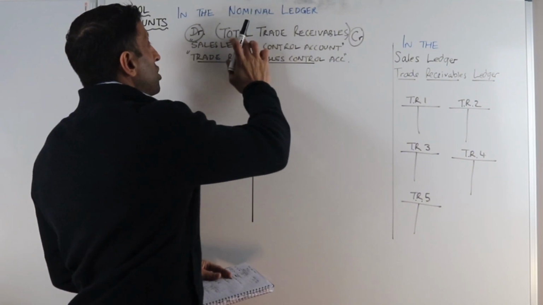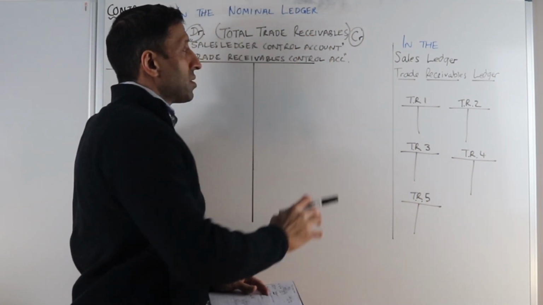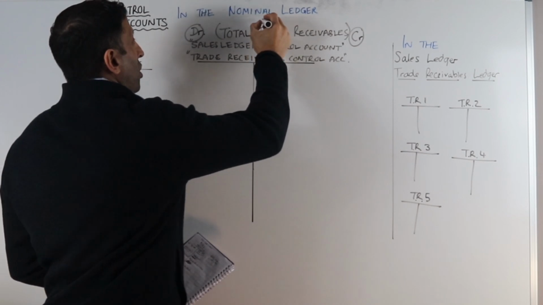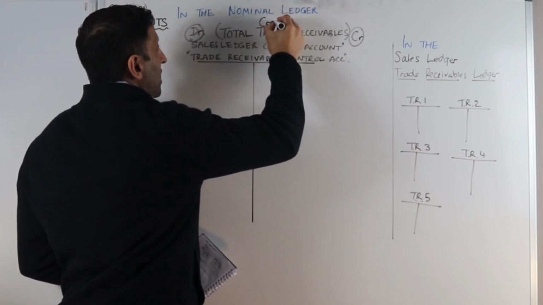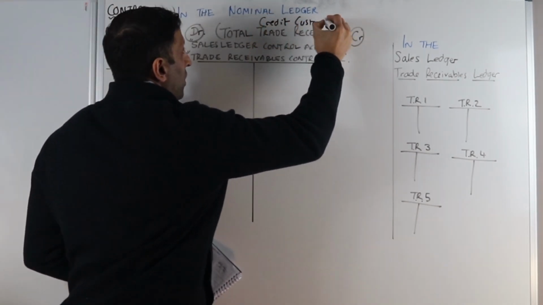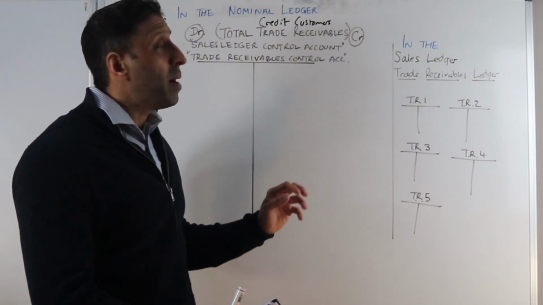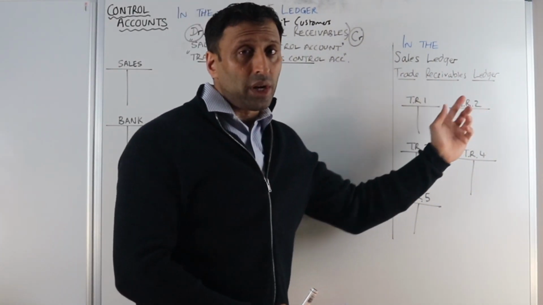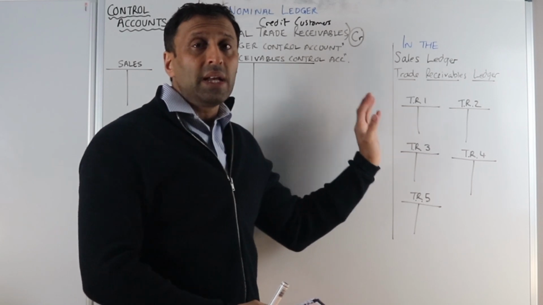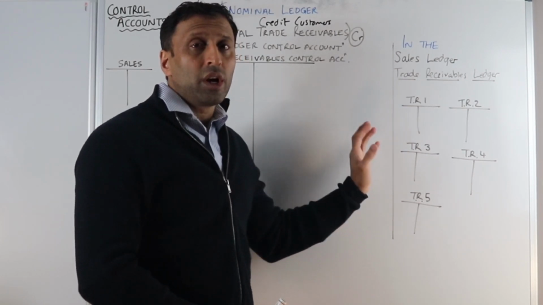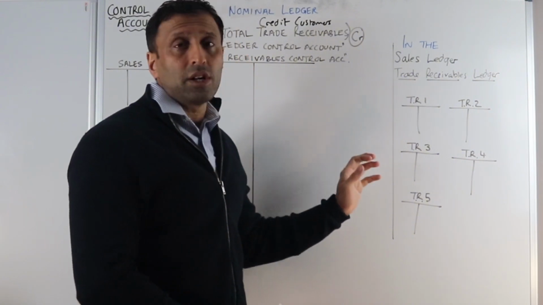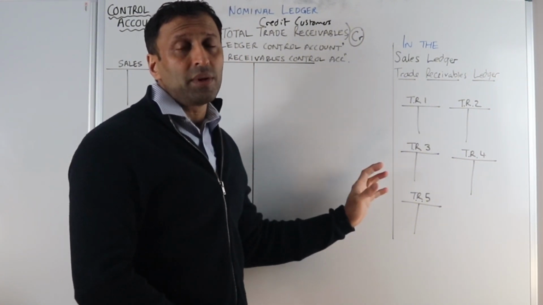What it is, is the total trade receivables, the total of how much all the trade receivables owe to us, or the total of how much all the credit customers owe to us. Now we have a memorandum ledger called the sales ledger or the trade receivables ledger, which is when we have individual accounts for each credit customer, for each trade receivable, each person who's taken goods or services from us and not paid.